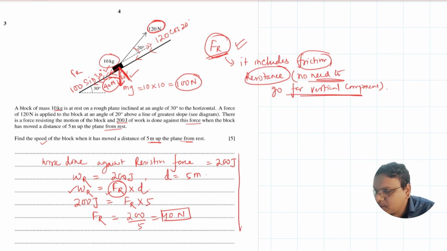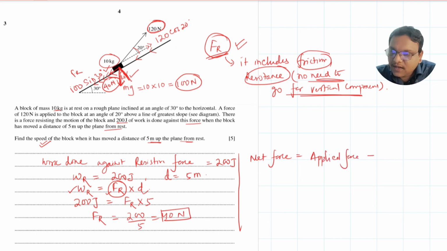Because I need to find out the speed, right? How to find the speed? I can write down that the net force is equal to the applied force minus the resistance force. Net force means F equals ma. The mass we have, 10. Acceleration we can find out, that is a.